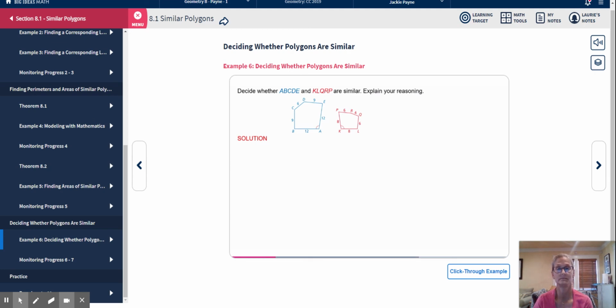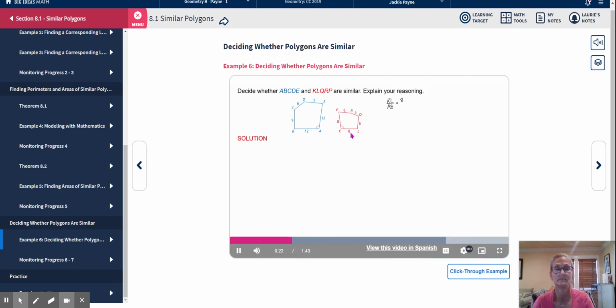Compare the ratios of corresponding side lengths. KL divided by AB is equal to 8 divided by 12, which is equal to 2/3. LQ divided by BC is equal to 6 divided by 9, which equals 2/3. QR divided by CD is equal to 4 divided by 6, which equals 2/3.